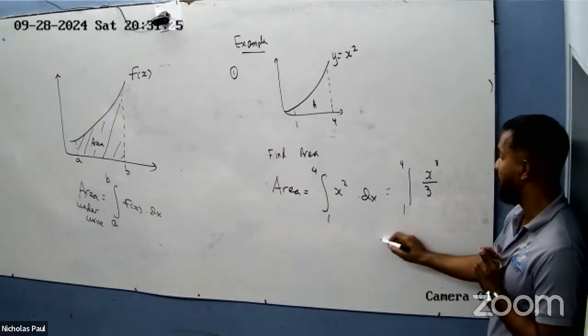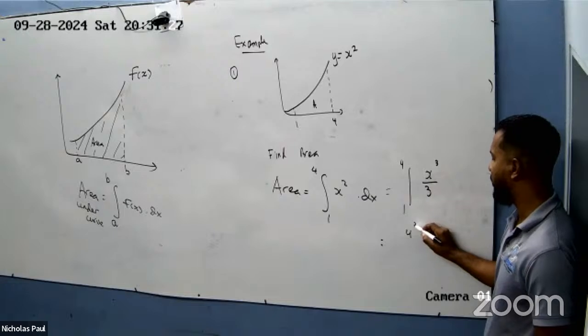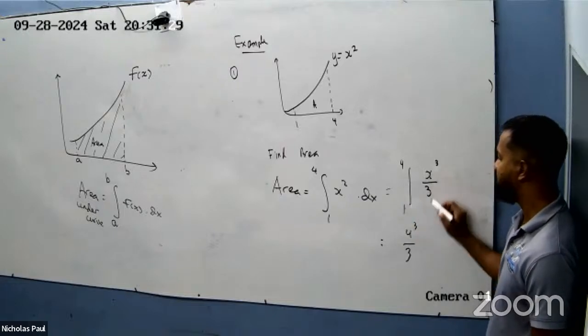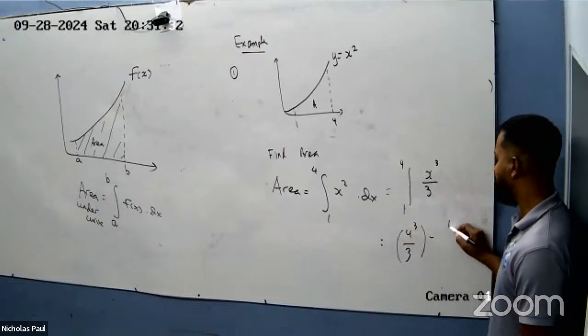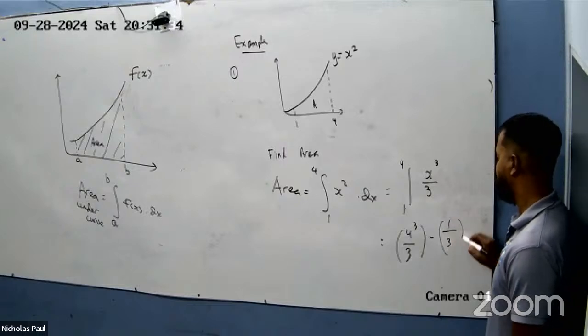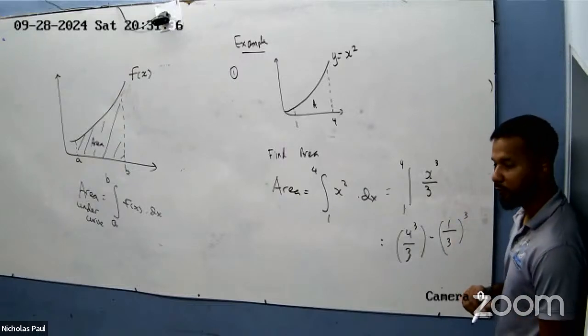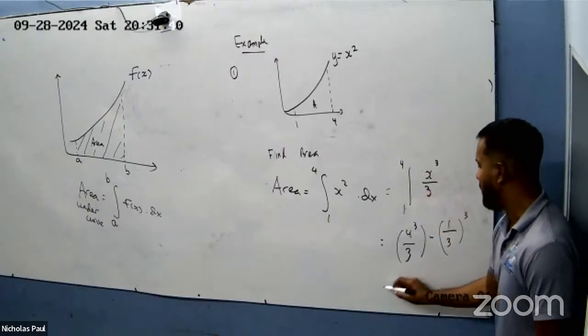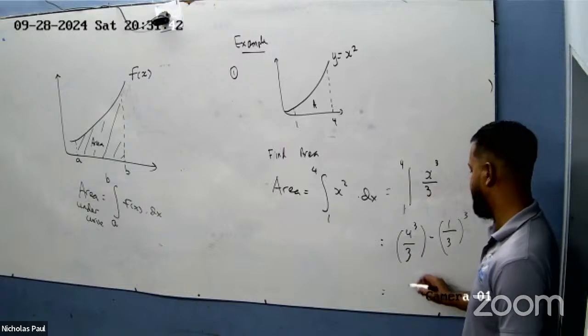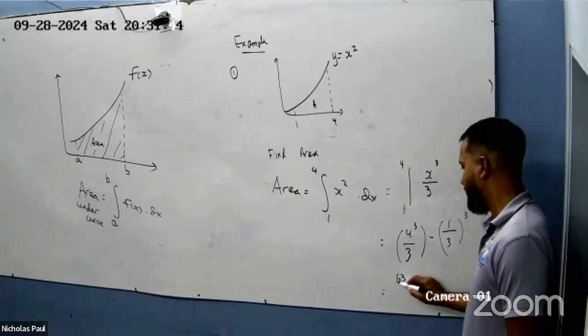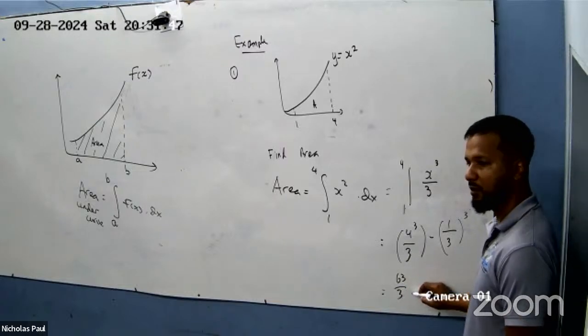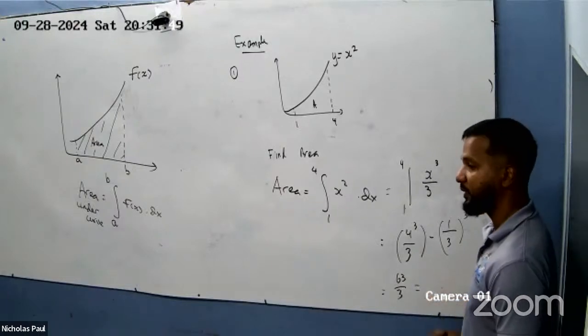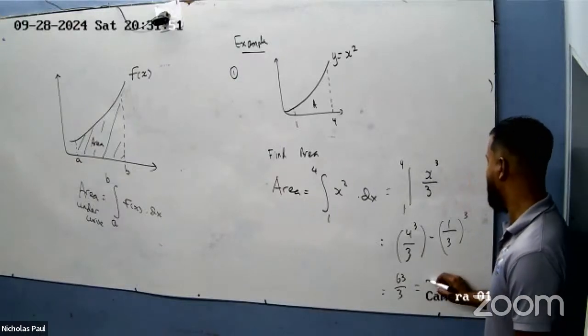And then plug in 4, so that's 4 cubed over 3, and then plug in 1. So you plug in 4, work it out, plug in 1, work it out. How much is that? 63 over 3, so that's 21.